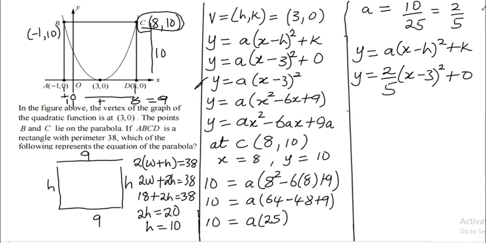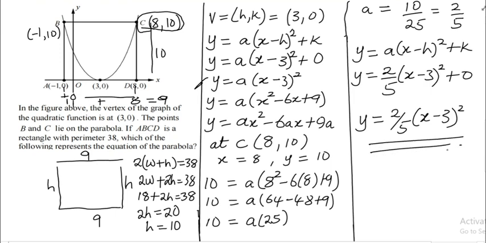So the equation of the parabola will now be given as y equals 2 over 5 times (x minus 3) all squared, and that is the equation of the parabola.